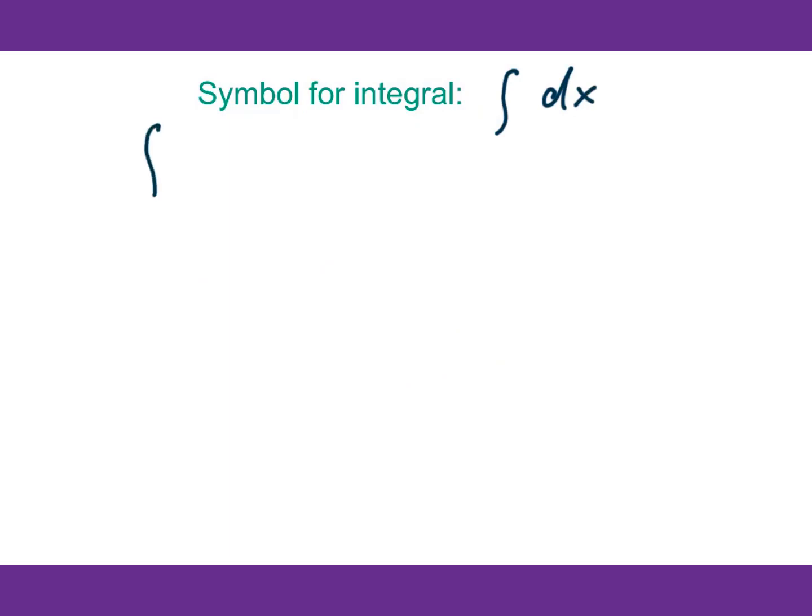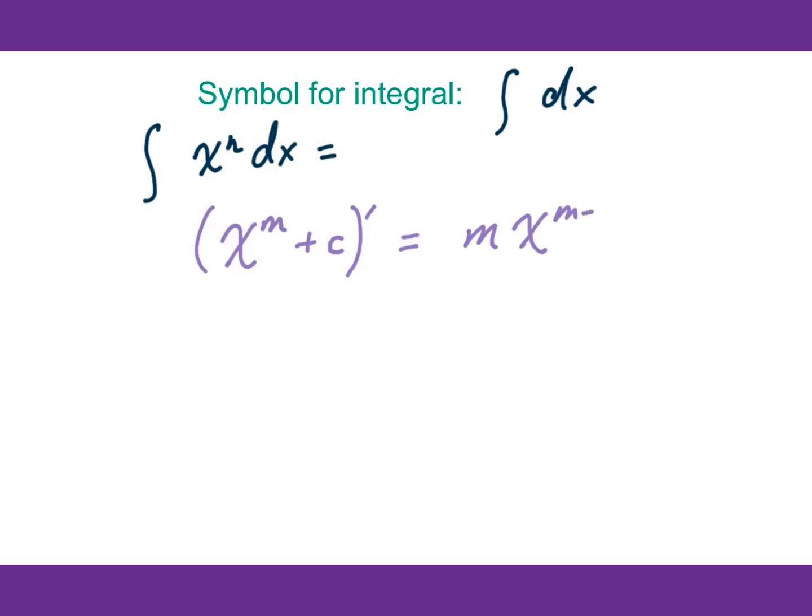So how do we get the integral of x to the nth power dx? How do we get the answer for that? As we know, x to the m power plus constant c, when we take the derivative, you will get m x to the m minus 1.